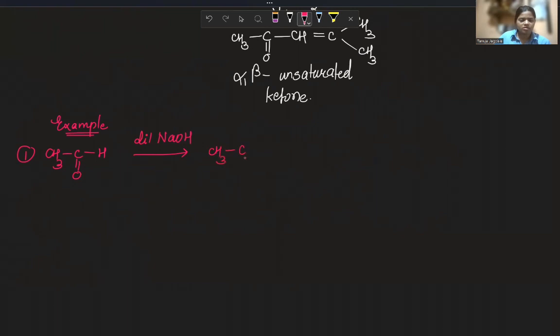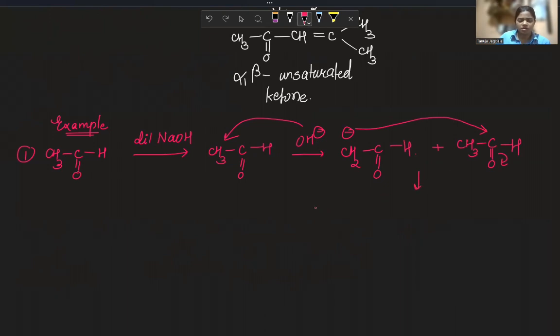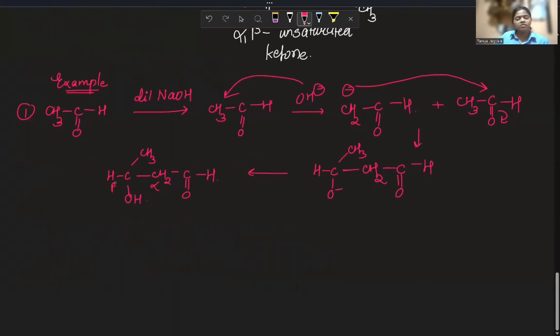What will occur in this reaction is it will be attacked by OH to abstract a proton and form carbanion. This carbanion will further attack the second aldehyde molecule to form another addition product, and after this we will get beta hydroxyaldehyde. So this is alpha, this is beta hydroxyaldehyde.